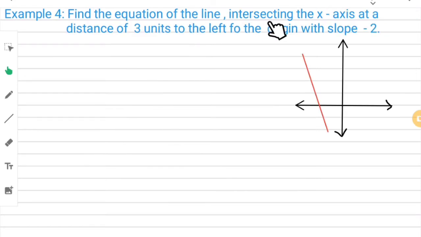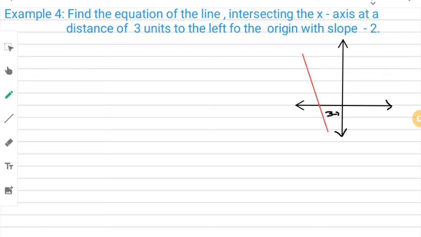The line intersects the x-axis at a distance of 3 units to the left of the origin with slope minus 2. Here I mentioned the line, this red color line. This line intersects the x-axis at a distance of 3 units. Okay. So towards the left is given, that is what I mentioned on this side. Okay.